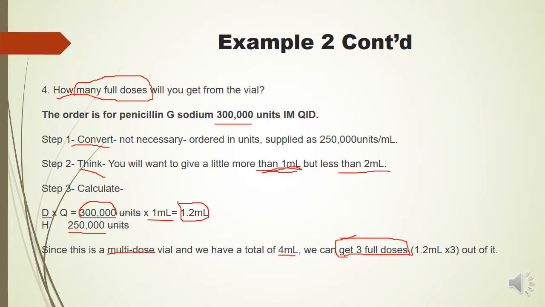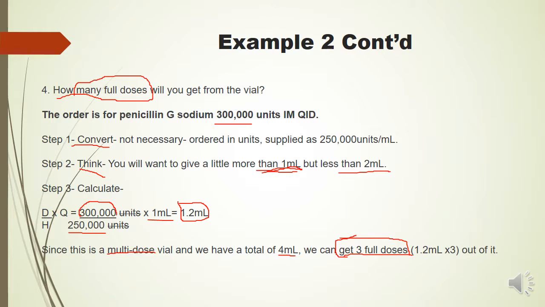Again, how many full doses, sorry for the scribbling, are we going to get from the vial? Our order is for, again, 300,000. So again, we start with conversion, which we don't need to do because it's in international units, and so is our stock dosage. So we do that estimation piece again.